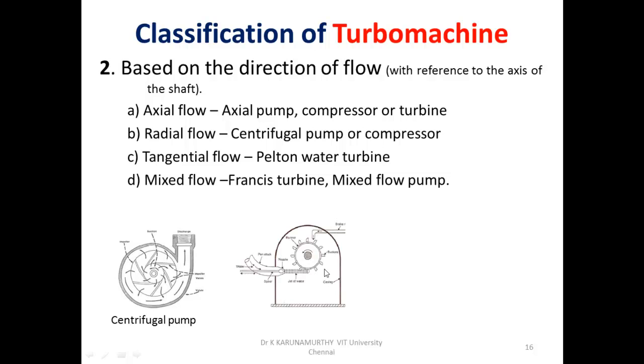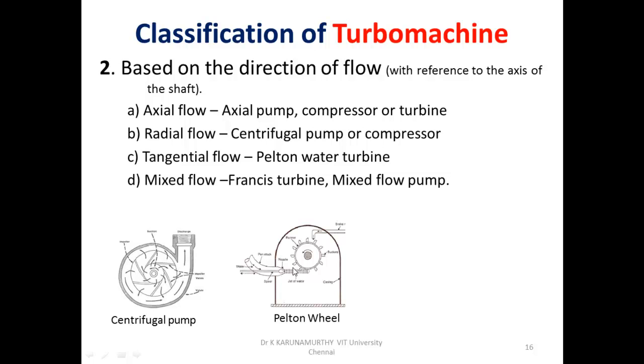And here you can see this diagram indicates a Pelton wheel. In the case of a Pelton wheel, this wheel has to rotate. To make this wheel rotate, water is allowed to pass through this pipeline, and at the end of the pipeline we have a decreasing area of cross section, which is nothing but a nozzle. At the end of the nozzle, water comes out with high velocity.